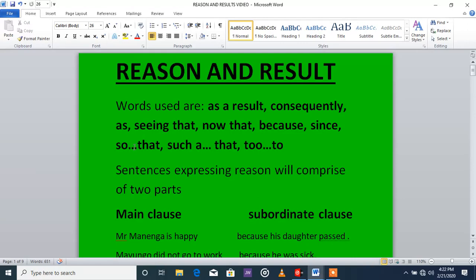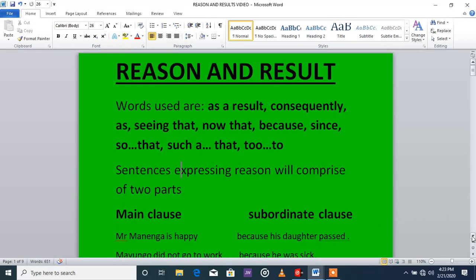Then in the space there we write something and then we use that, so goes with that. Then we have words like such a, where we write something and then say that, so it goes together. Then we have to, where in between we put something.